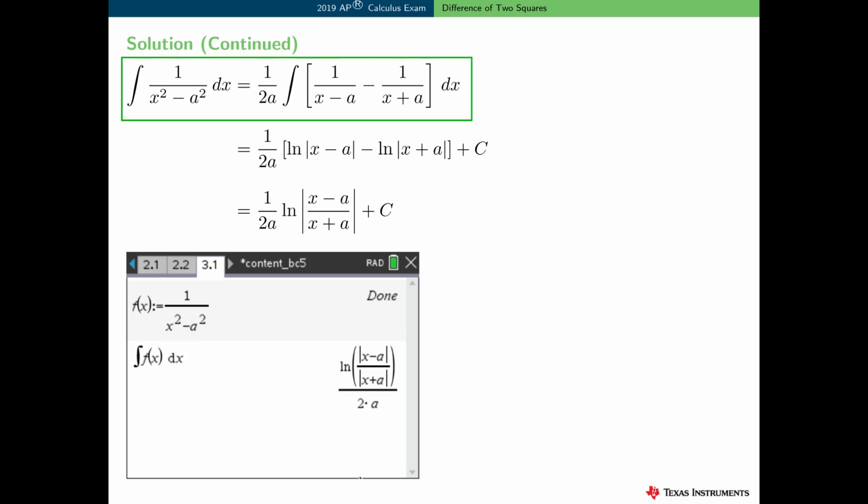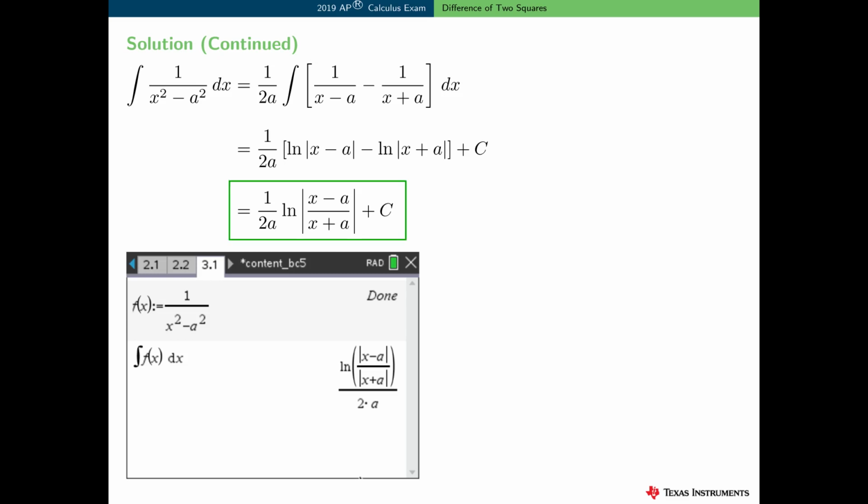Now I can write the original integral using this partial fraction decomposition. And I factored out the constant 1 divided by 2a, just to make things easier for me. We integrate term by term, and each antiderivative involves a natural logarithm after a simple u substitution. And I used a property of logarithms to write the final answer.